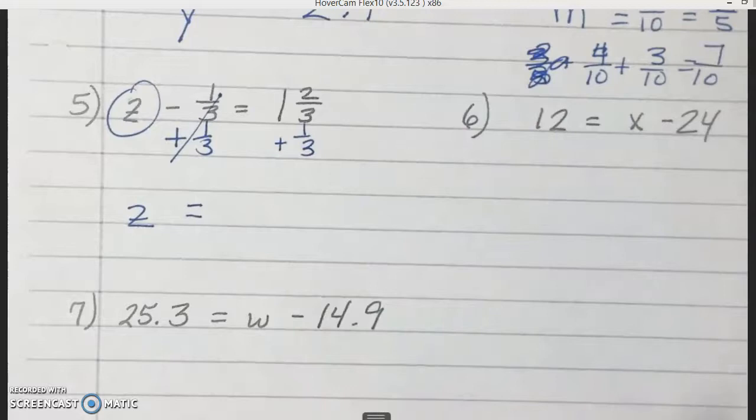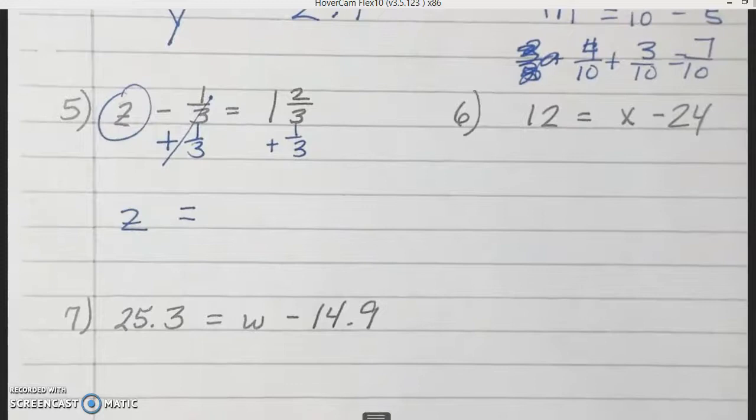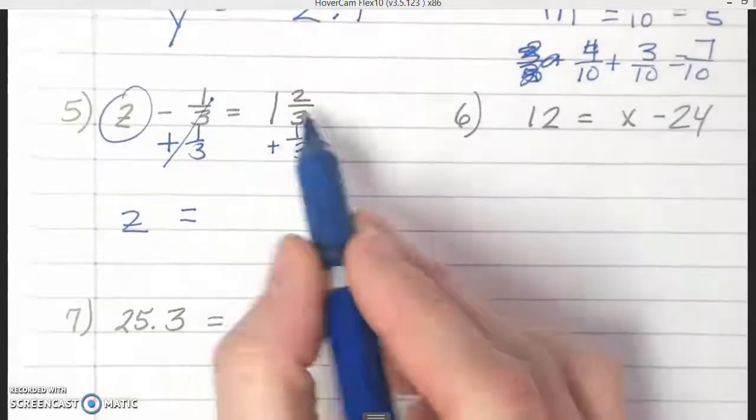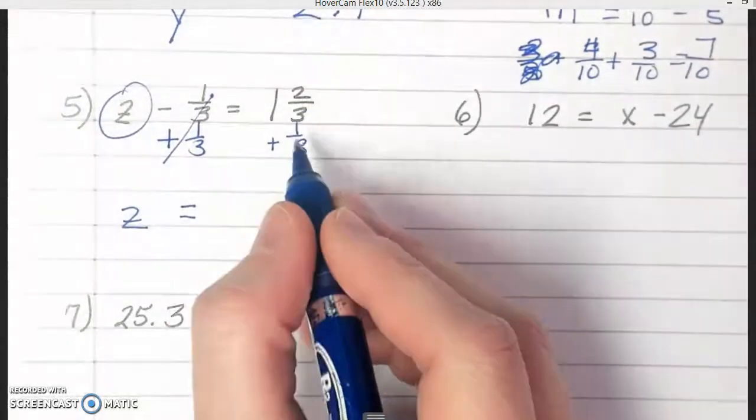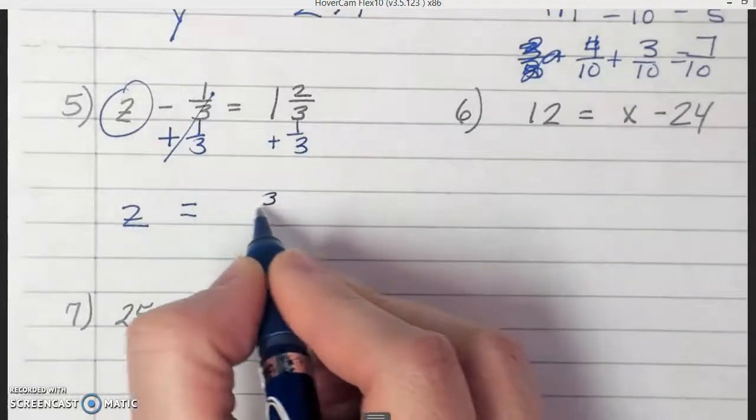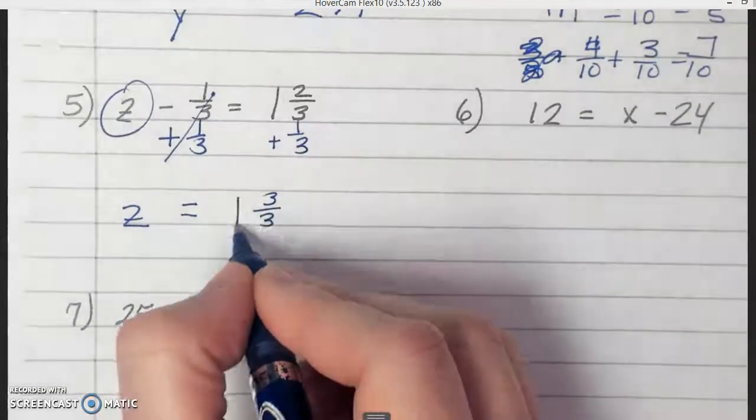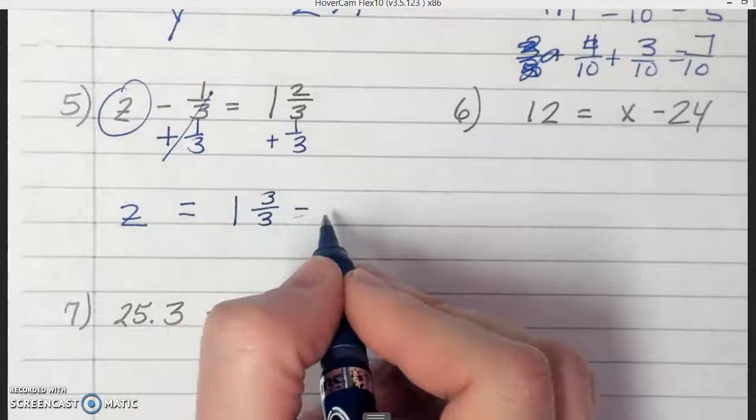I'm waiting just a minute before I go on. You with me? Any questions so far? Okay, so right here when I add, 2/3 plus 1/3 is 3/3, and then I have that whole number 1, which would be what? 2.